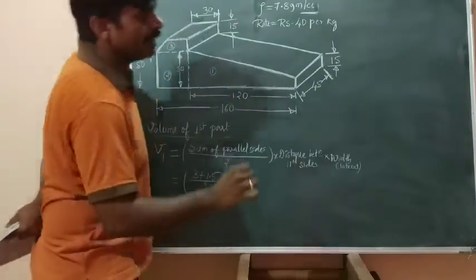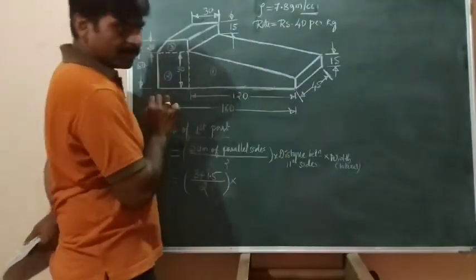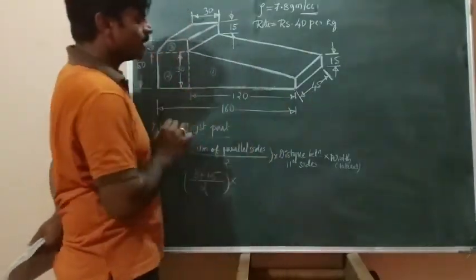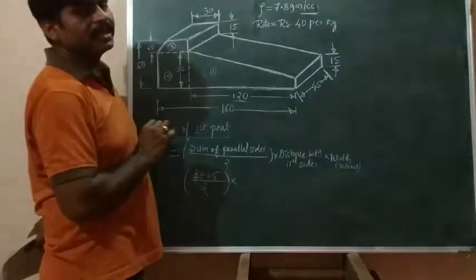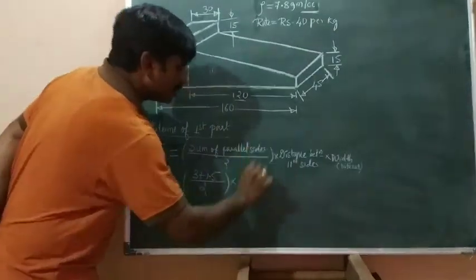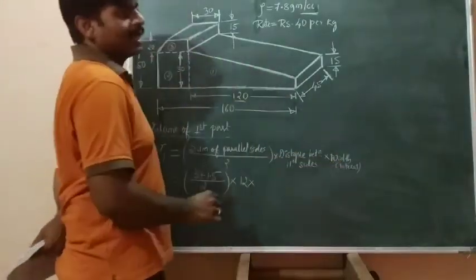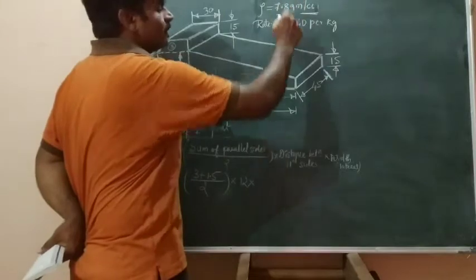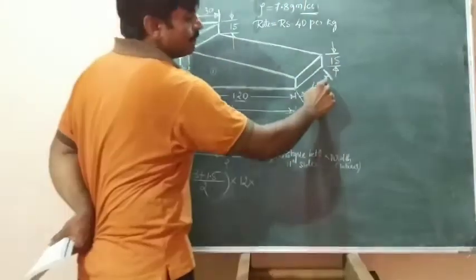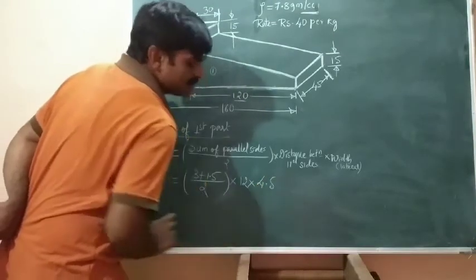Now the distance between the parallel sides. We have considered these two as the parallel sides here. What is the distance between these two parallel sides? That is 120 mm, so in terms of centimeter, 12 centimeter, into the lateral width. This width is 45 millimeter, which means 4.5 centimeter.